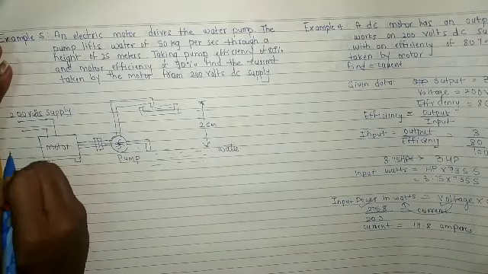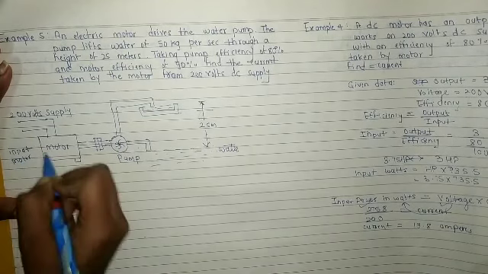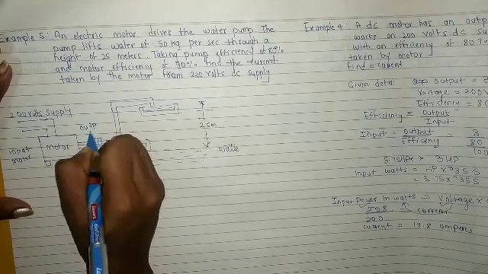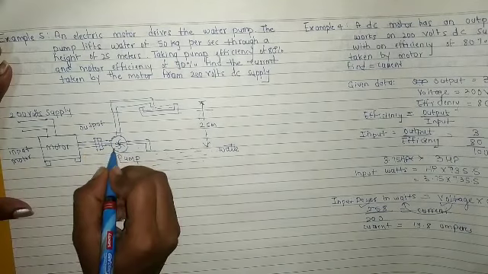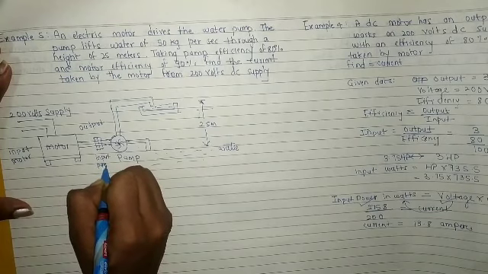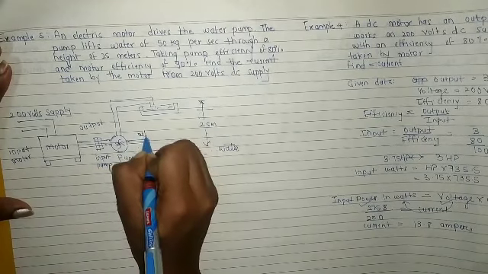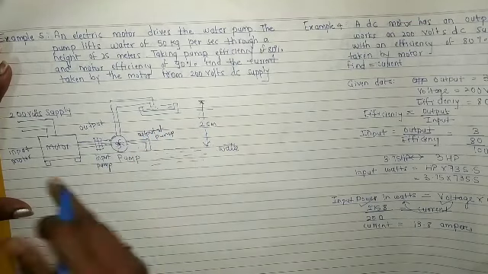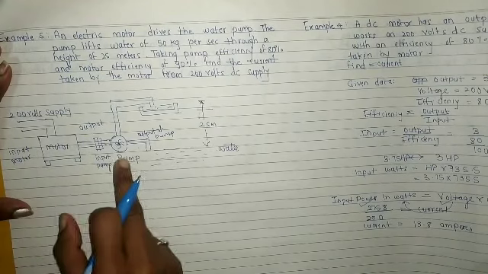Now this is the input of the motor and this is the output of the motor. Similarly, this is the input of the pump and this is the output of the pump.